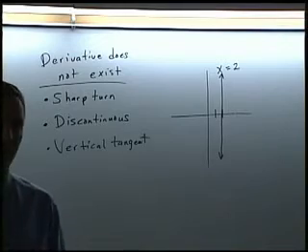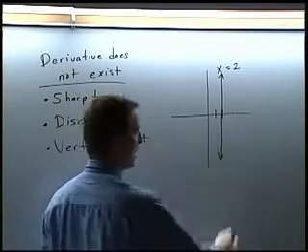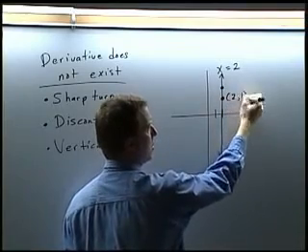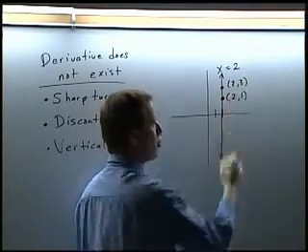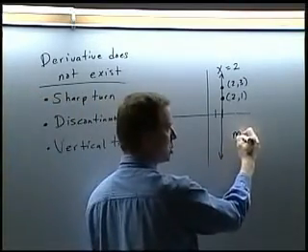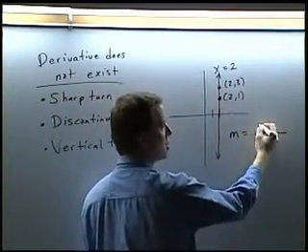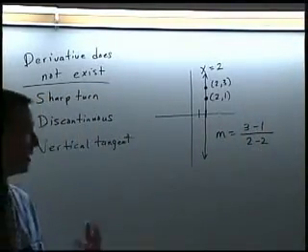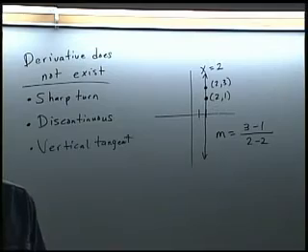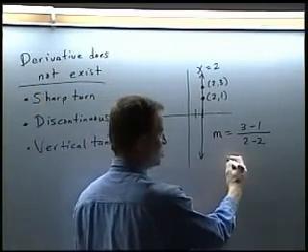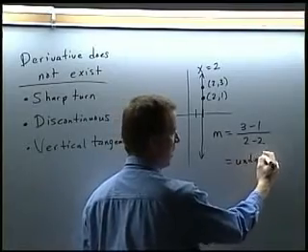It's undefined. We can't do this, and the reason we can't do this, well, let's pick a couple of ordered pairs on here. Let's say I got (2, 1) and (2, 3) as my ordered pairs. If I try to calculate the slope between those two points, I'm going to get a calculation where the denominator turns into 0. We can't do division by 0 in mathematics, so we say that the slope in this particular graph is undefined.